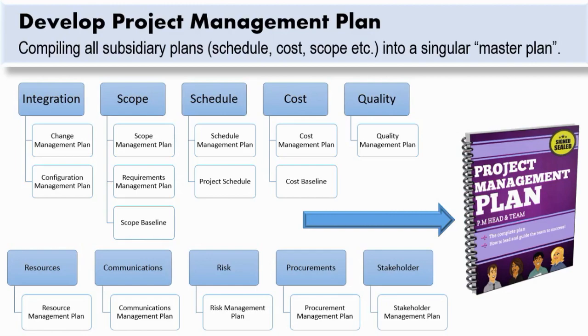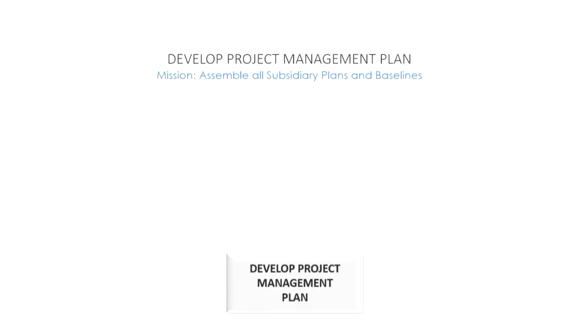There are many others that are not shown on the screen, okay? So this is not an all-inclusive view. It's only an illustration to show you that there could be many different plans and many different baselines in the project management plan, okay? So let's go a little bit further and talk about what exactly goes into this process.